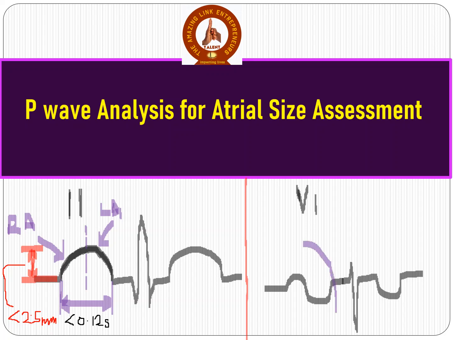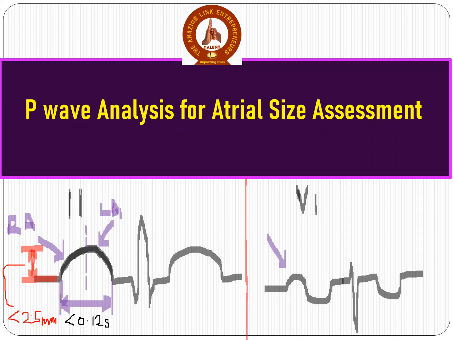It's biphasic. It has an initial positive deflection, representing the right atrium, and the terminal portion is a negative deflection representing the left atrium. So that is why the shape of the P wave in V1 is biphasic.